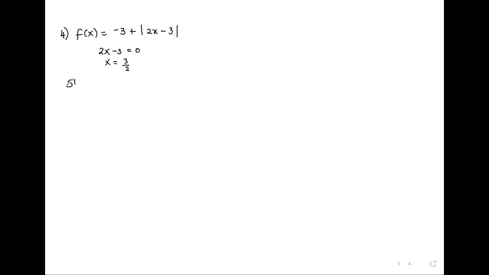So the starting point, we get from the coefficients of the variable in there. The starting point will be 3 over 2, comma, -3. This number here.